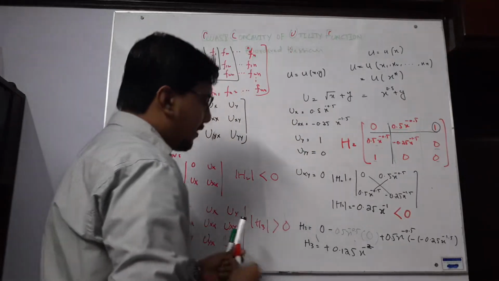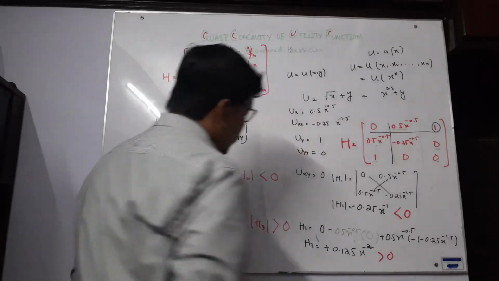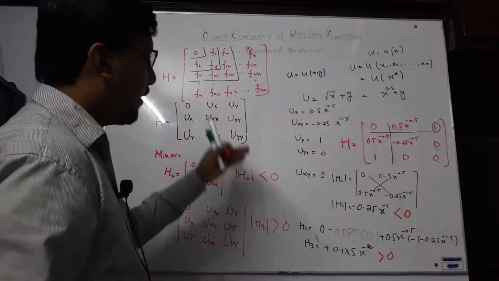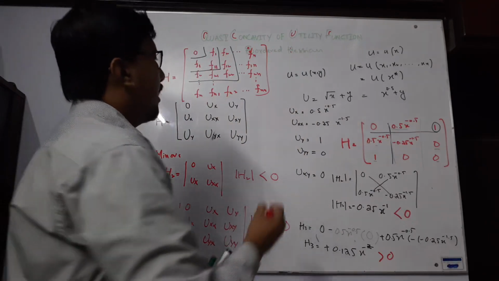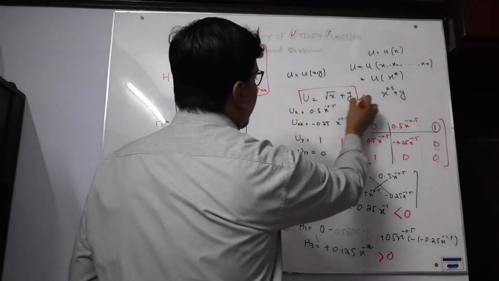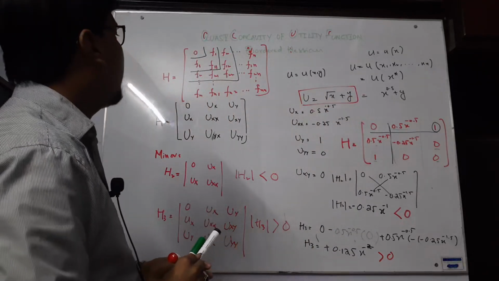Whatever the term is here, we will focus on the sign, and the sign is greater than 0. So it is following the pattern of the bordered Hessian, and now we can say that the utility function square root of x plus y is following quasi concavity.